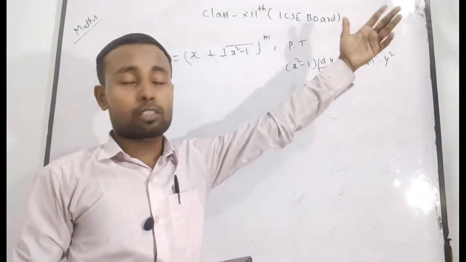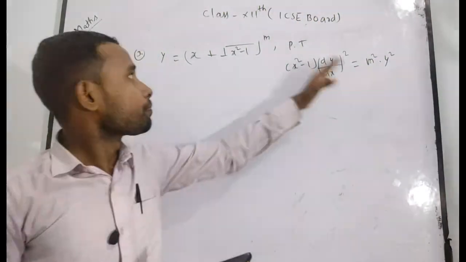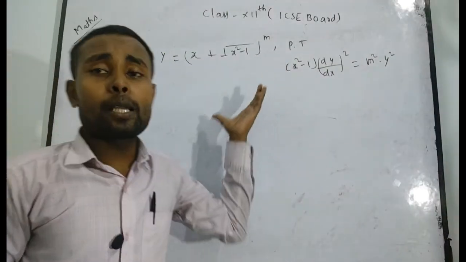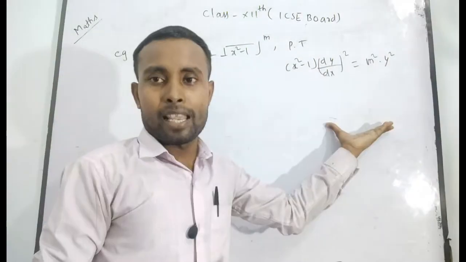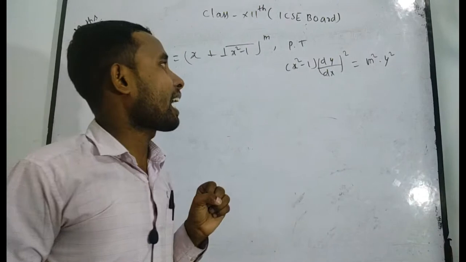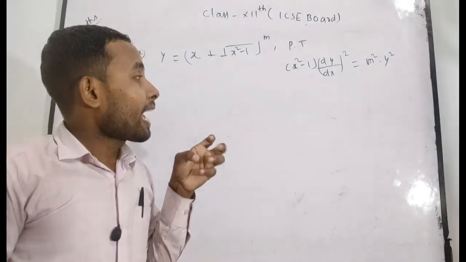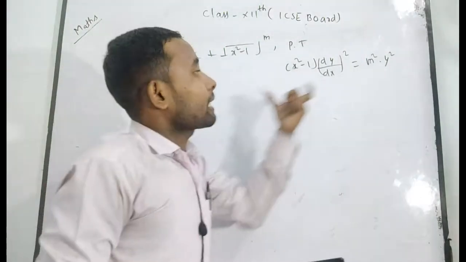In the next chapter, you will study about it. I do not like to tell you more. What I have told you, the second method, is simply to differentiate on both sides and, by intuition, try to manipulate it this way or that way, such that it becomes the required form.